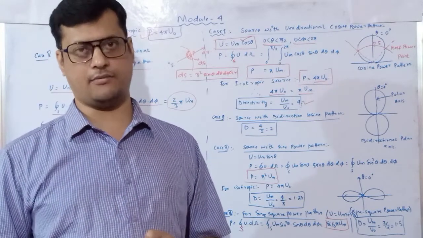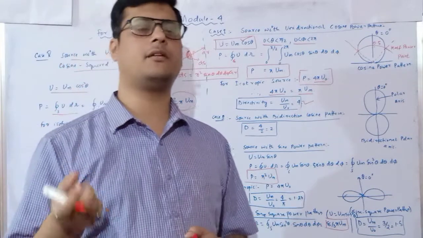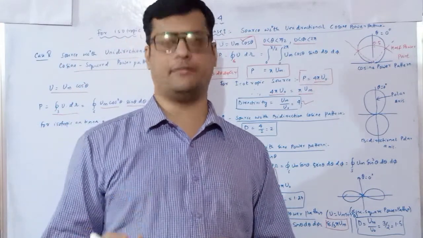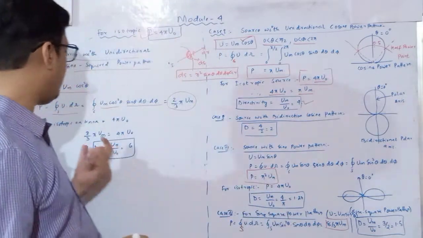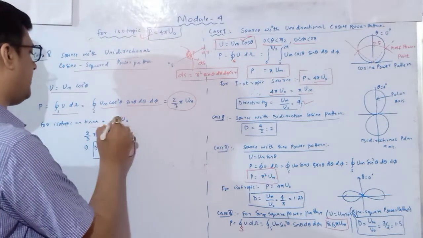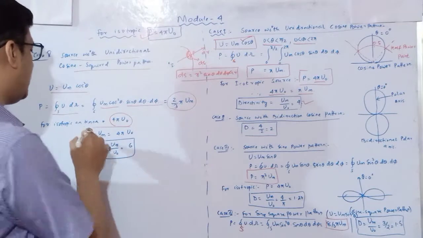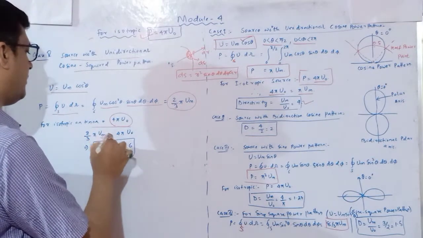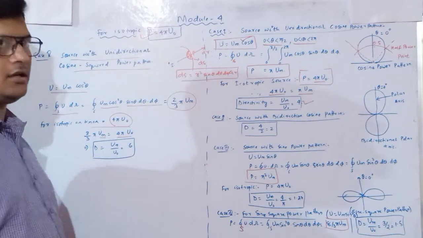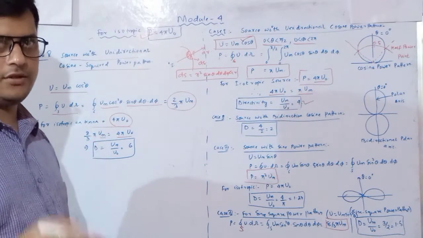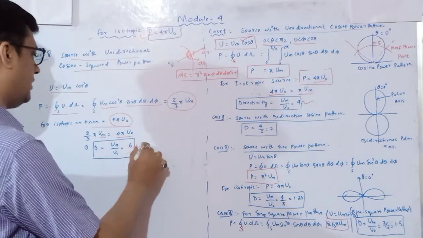We compare so that the relative value will give us the directivity. For an isotropic antenna we have 4 pi into U0. Equate this to power: it is 2 by 3 pi U0 divided by 4 pi U0. If you take this relative value, you will get around 6.